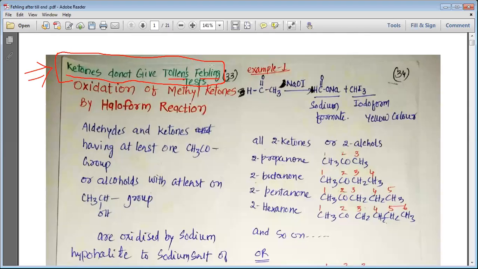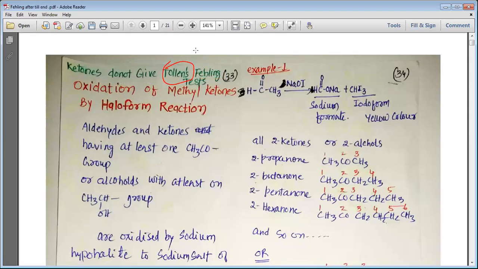And remember that only aliphatic aldehydes give the Fehling test. Aromatic aldehydes give the Tollens test, and both aromatic and aliphatic aldehydes give the Tollens test.